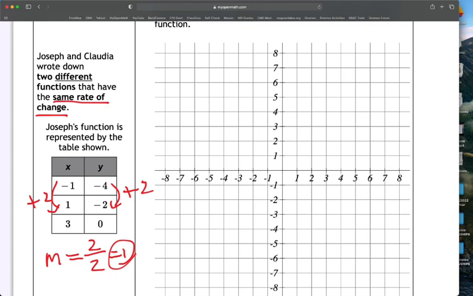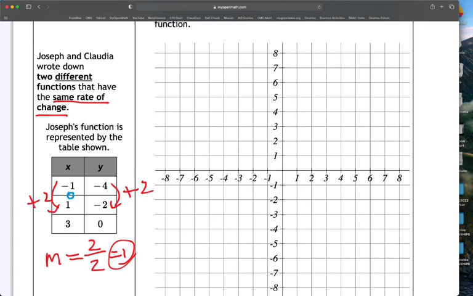Now, we need to figure out what Joseph's y-intercept is. And the reason is because Claudia's has to be different. We don't have the y-intercept found in our table, but clearly the y-intercept will be at 0, comma something. So I need to find the value halfway in between -1 and 1, and really halfway in between -4 and -2.